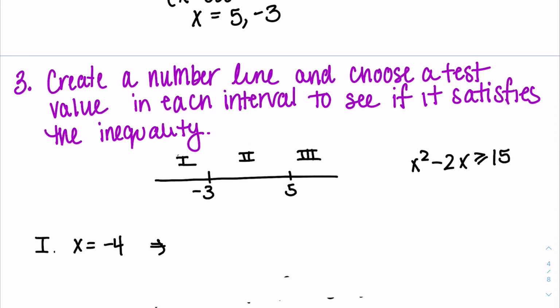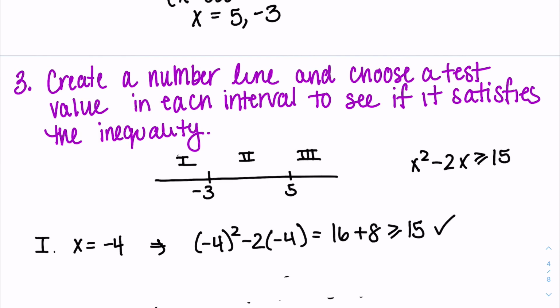So if we plug in -4, we get -4 squared minus 2 times -4. That's 16 plus 8. We want it to be greater than or equal to 15. This is definitely good. So that tells me the stuff inside interval 1 is going to work.